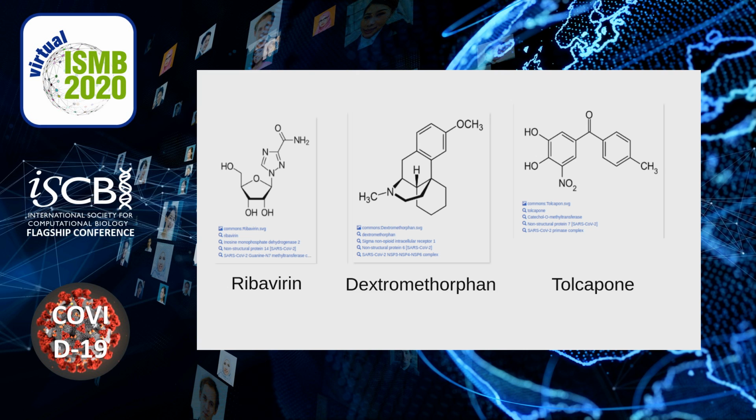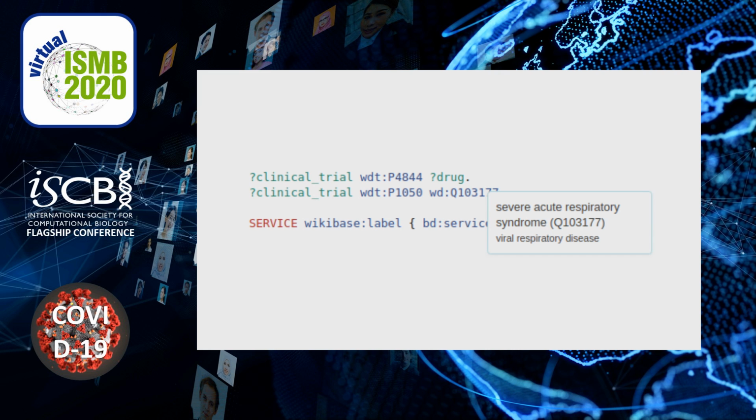And then what I want to see, this is just a subset of the answers, right? Now I want to see if any of those proteins are, for example, being studied in a clinical trial about severe acute respiratory syndrome. So I can search the clinical trials on Wikidata and further explore this world.